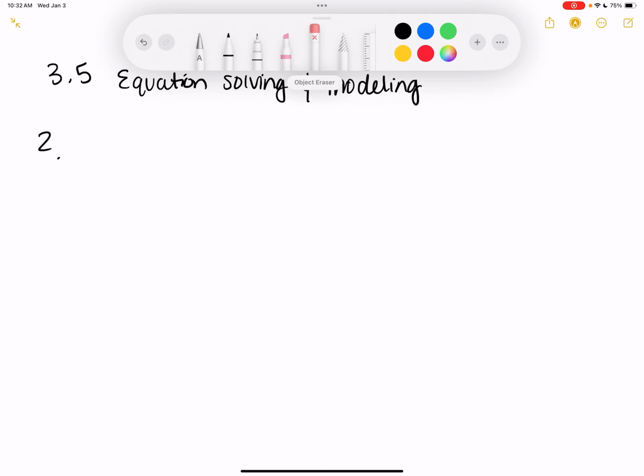So number 2, 32 times 1/4 raised to the x over 3 is equal to 2. So we'll divide by 32 first.